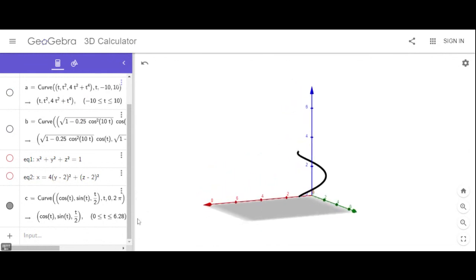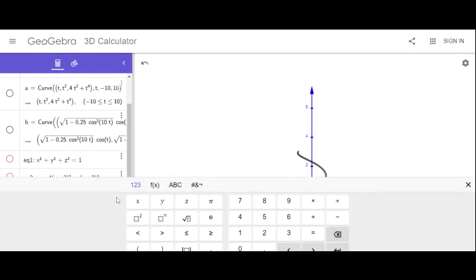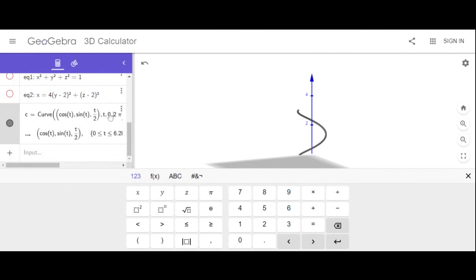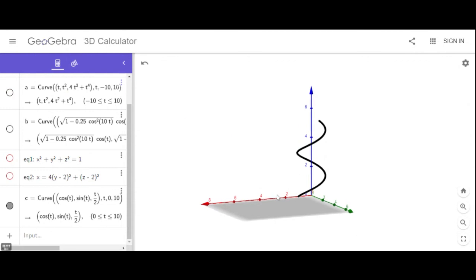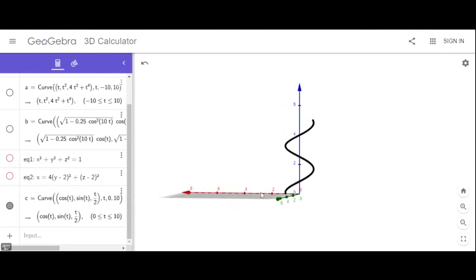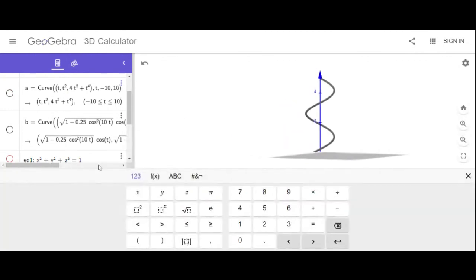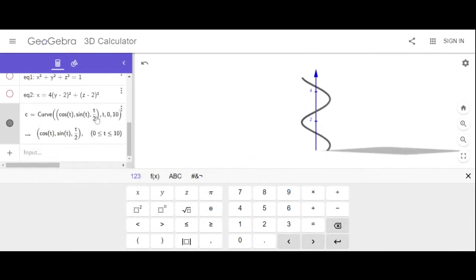And then let's change the t value. Let's do 10. Yeah, so it goes up a little bit higher. Now let's make this t now.